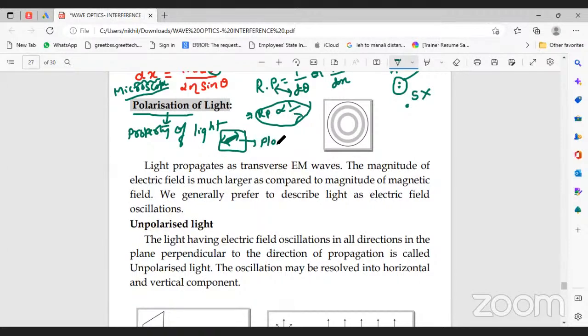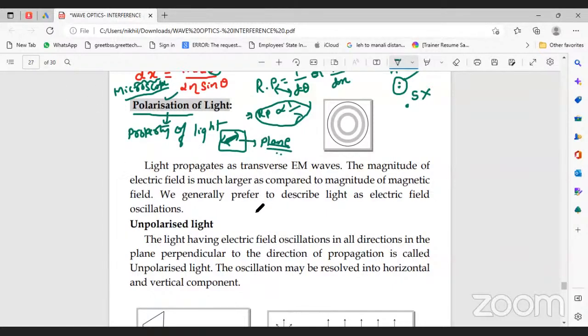You can get the vibration in a single plane because of one property, which we call what? Polarization. Polarization means it is the property of light. Because of that property, the light particles are going to vibrate in a single confined plane.